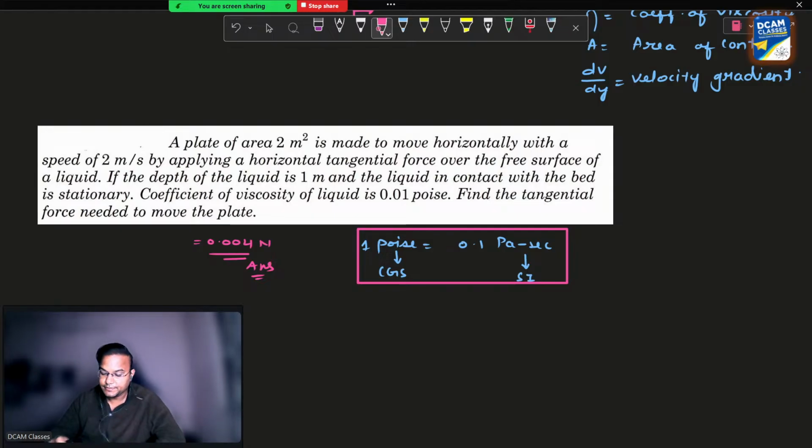Are you getting this answer? Sir, I'm also getting this. Kanishka, what about you?